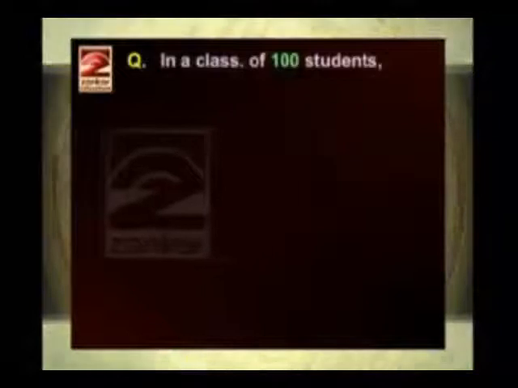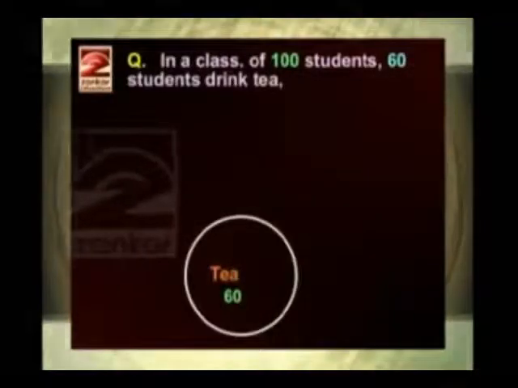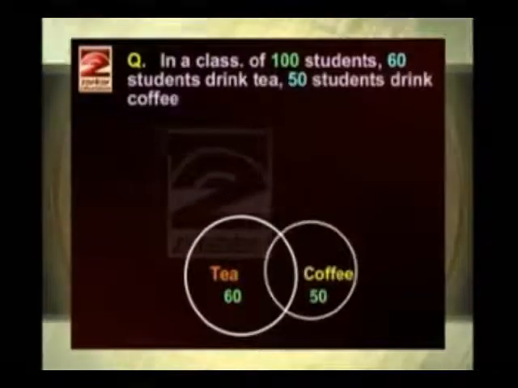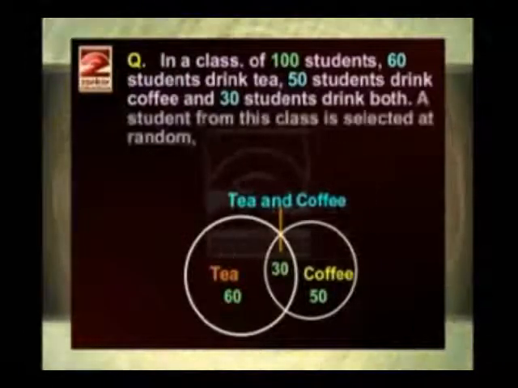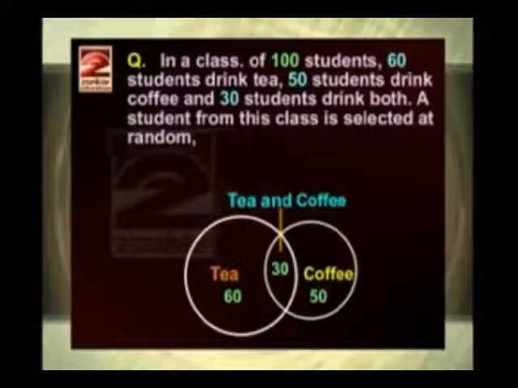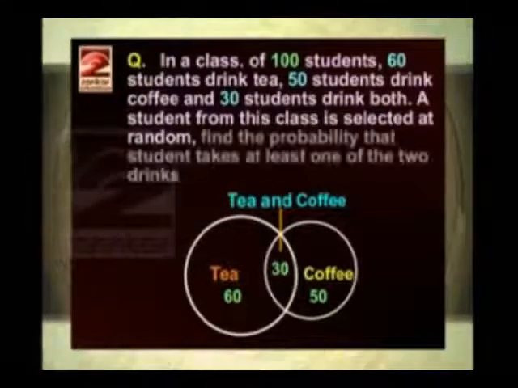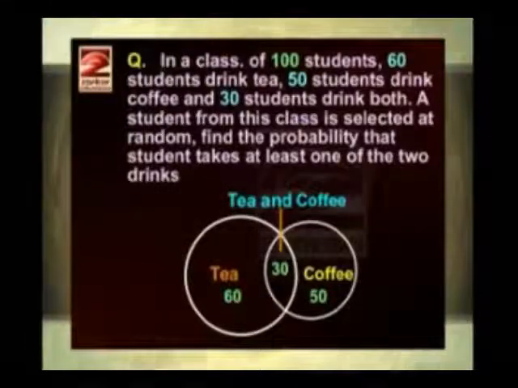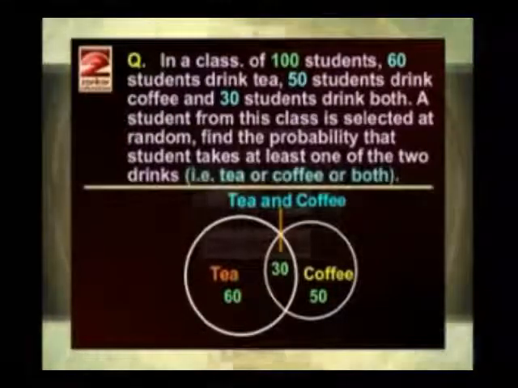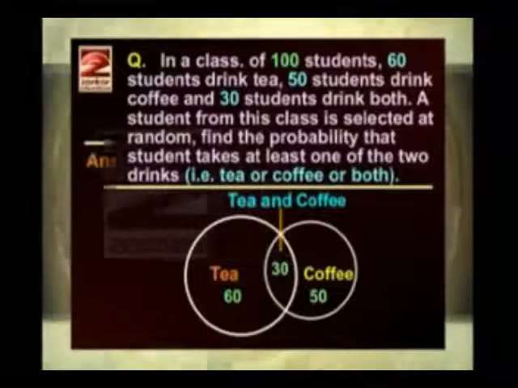Now the question, in a class of 100 students, 60 students drink tea, 50 students drink coffee and 30 students drink both. A student from this class is selected at random. Find the probability that the student takes at least one of the 2 drinks, that is tea or coffee or both.